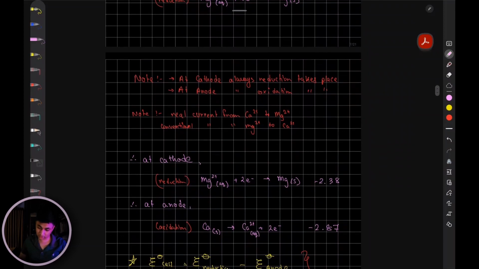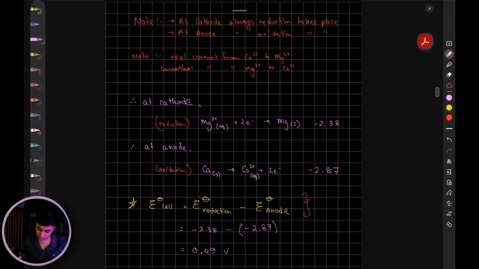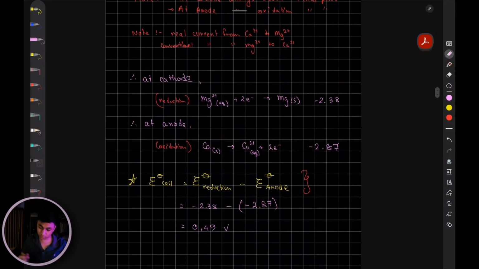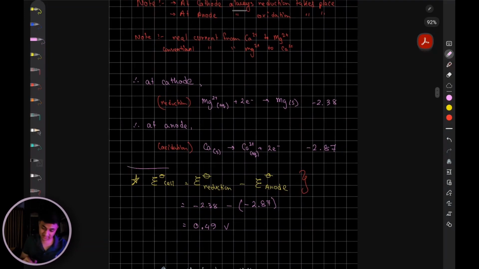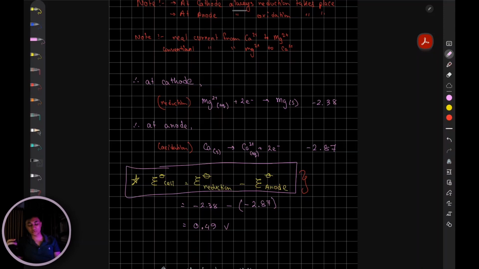Now, if I try to find the value of potential difference, I'm going to be using this formula, which denotes the electrochemical cell potential is going to be the electrode potential of the reduction and the electrode potential at the anode, right?